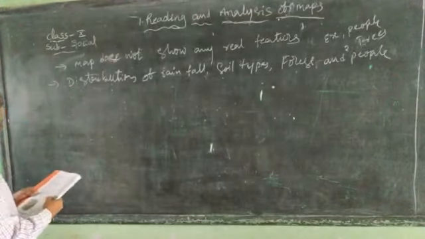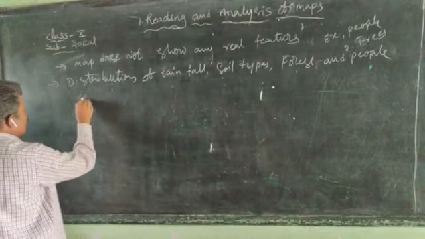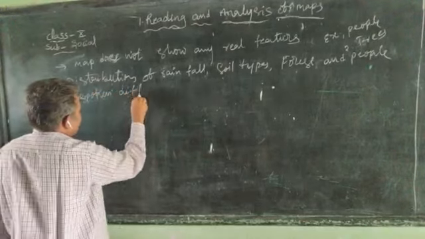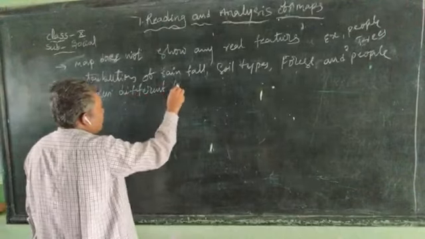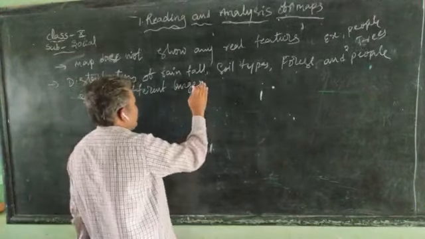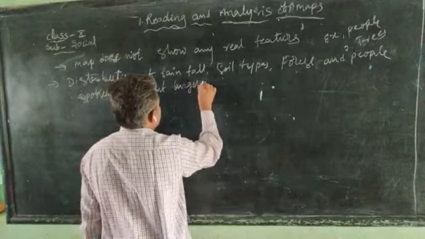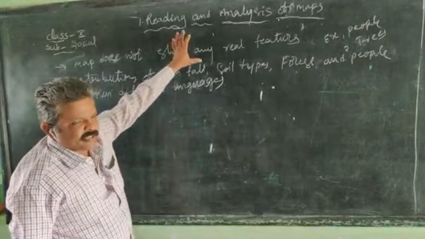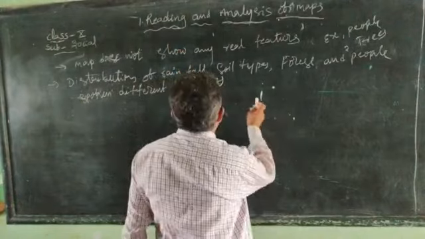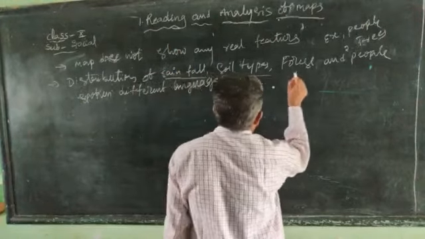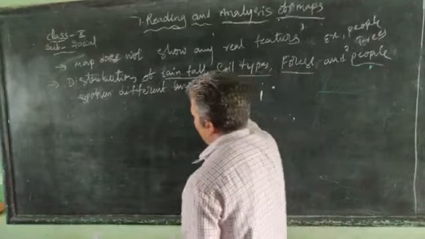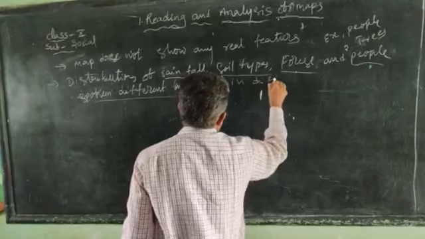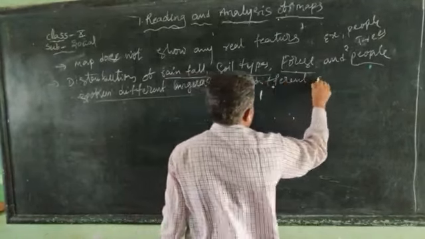Those who make the maps mention these types of features, about rainfall, soil types, forests, and people speaking different languages in different areas.